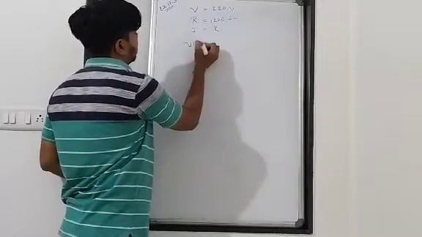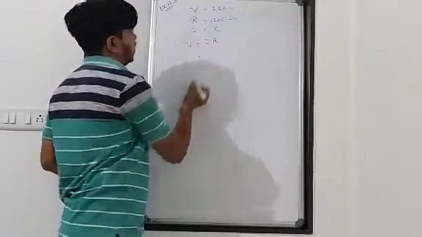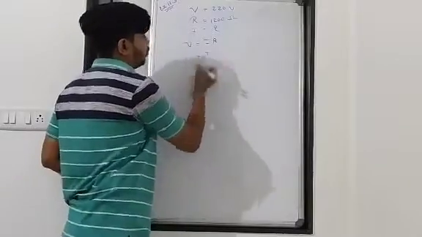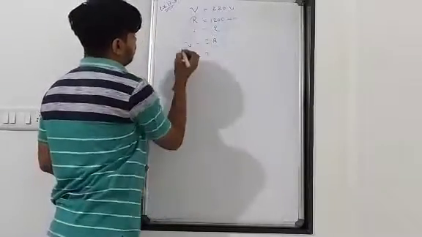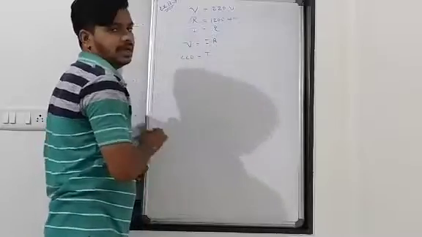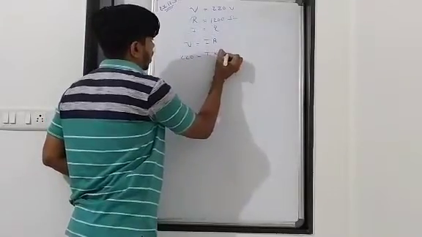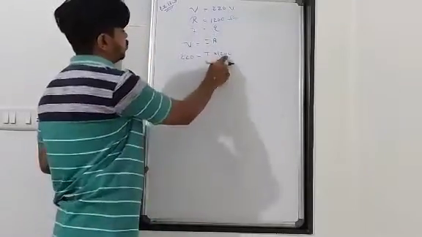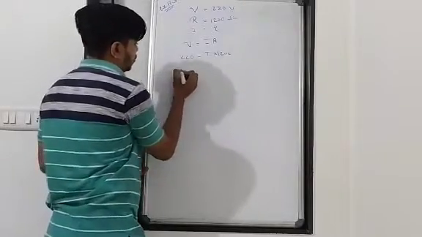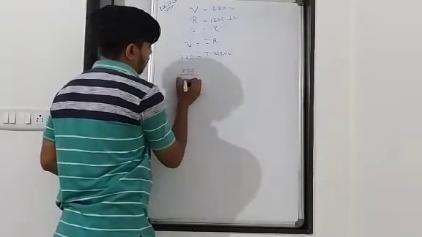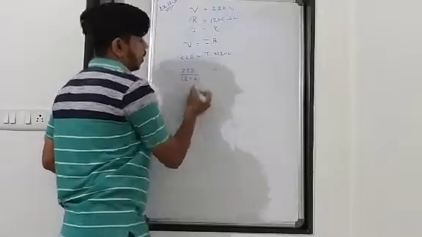The easy way is V is equal to IR. The I is what you have to find. V is given, which is 220, and R is 1200. Now take this 1200 to the other side. That gives you 220 divided by 1200 is equal to I.